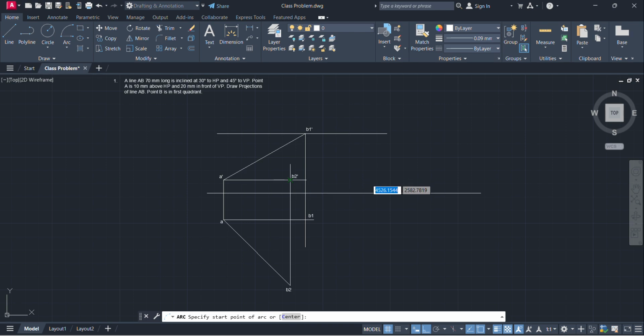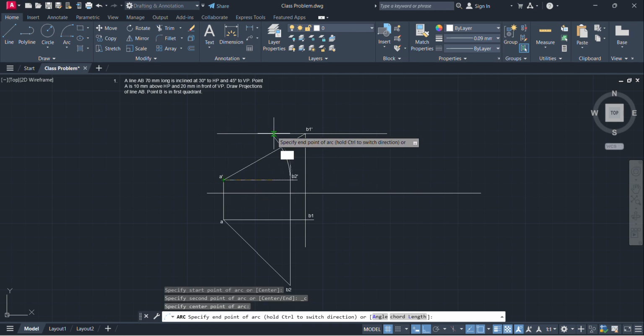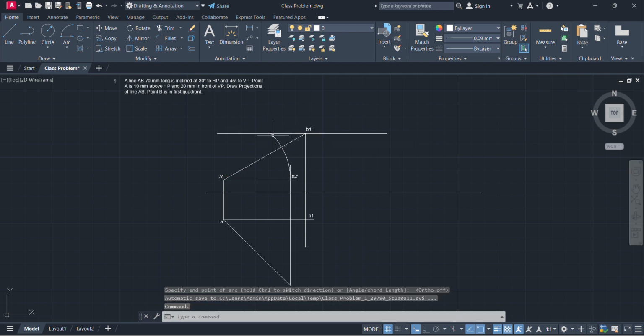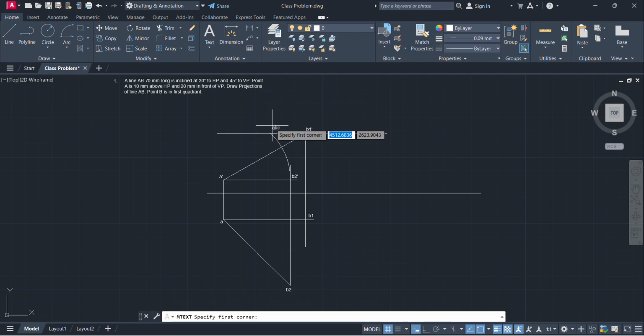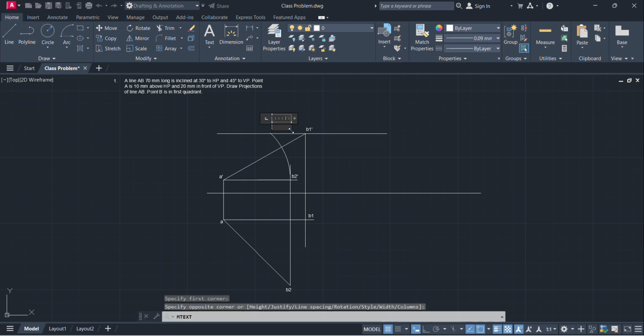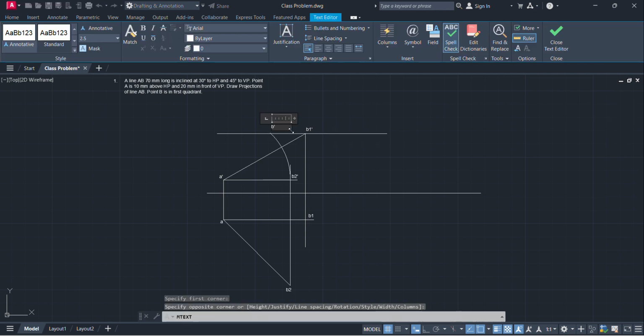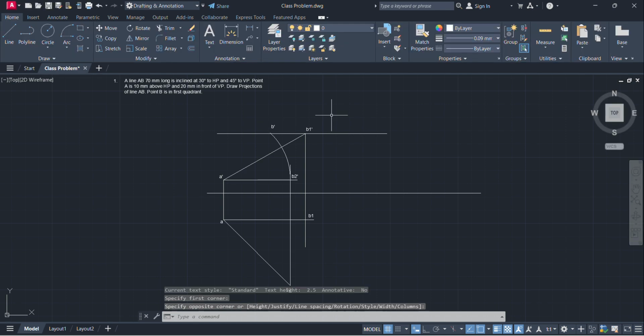So I will start over here, mark A dash as the center, and then I can draw the arc so that it will intersect the locus here. Now where it intersects, this will be my point B dash, because it solves all the requirements of B1 dash as well as B2 dash.